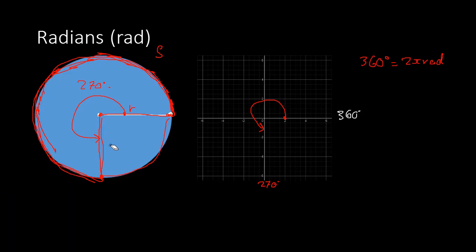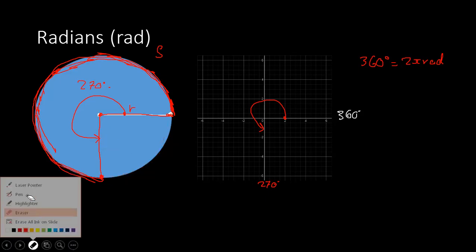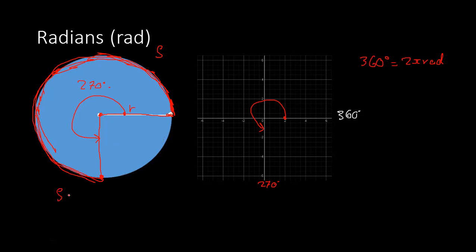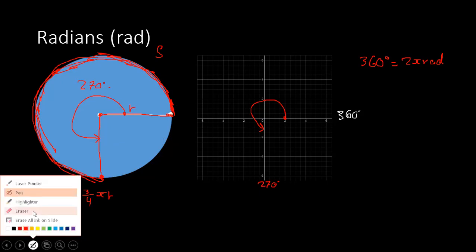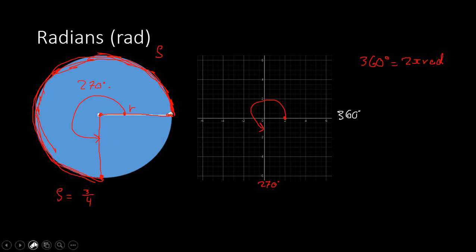Therefore, the arc length here is 3/4 of the circumference of the circle, or 3/4 times the quantity 2 pi times the radius.